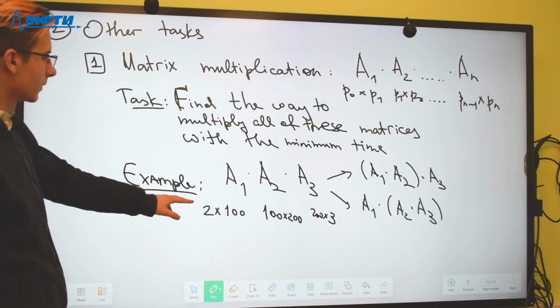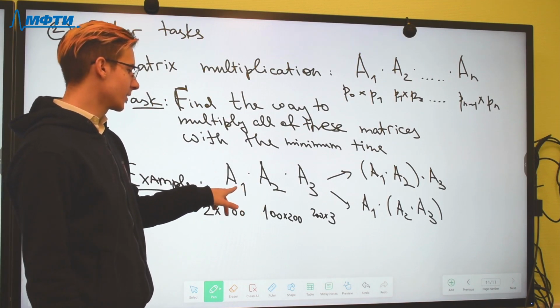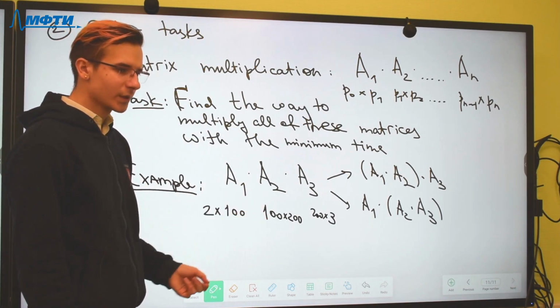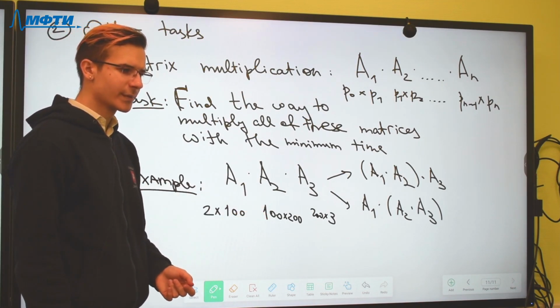If we multiply A1 and A2, how much time do we spend?